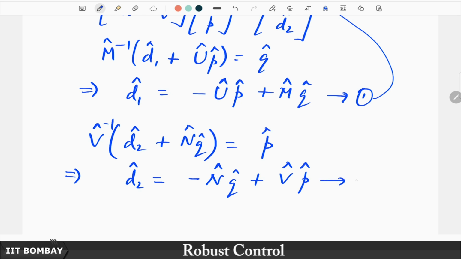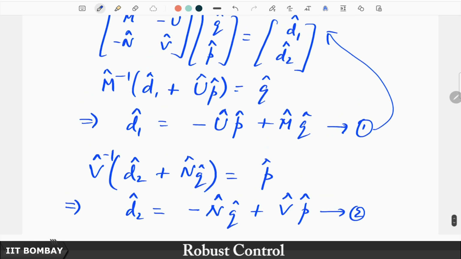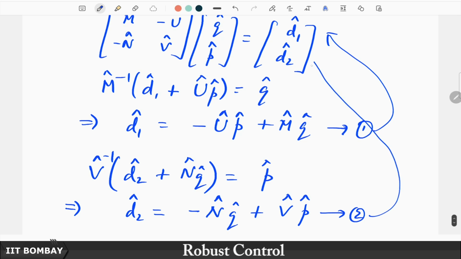That is the second equation, and you can now check that this is indeed so as we have written it down here.